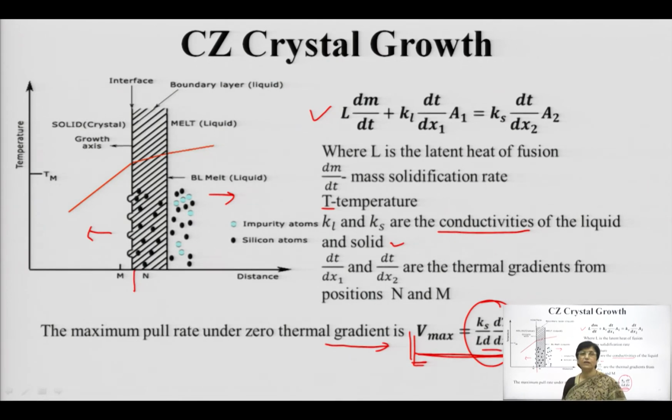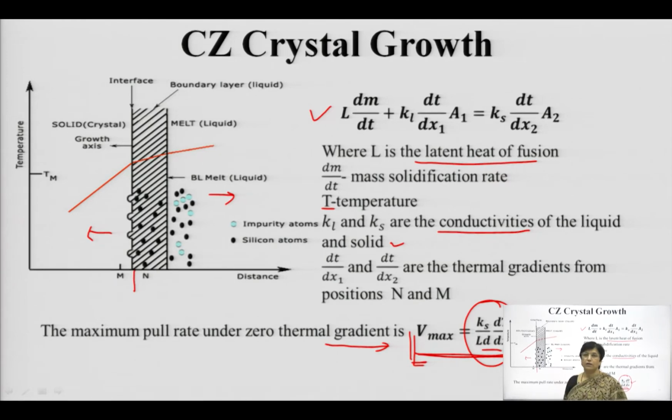So, this final expression tells you that the latent heat of fusion and the rate at which solidification is happening are deciding factors in the growth rate.